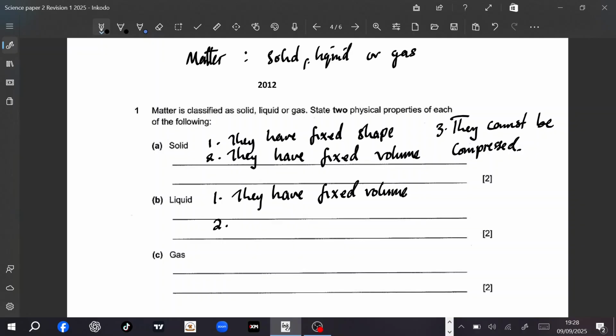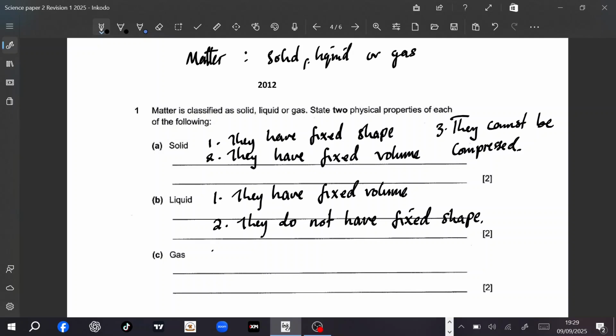Two, you can say they do not have fixed shape. You can also say they cannot be compressed.